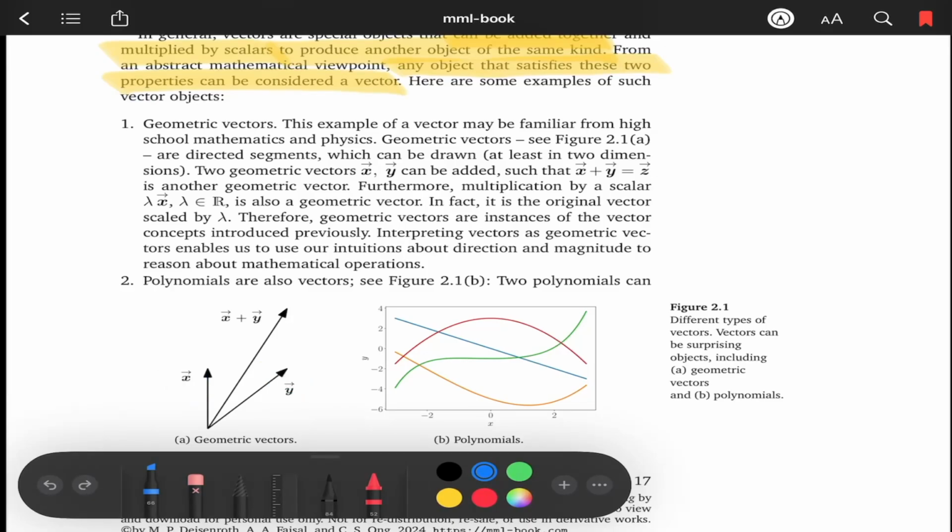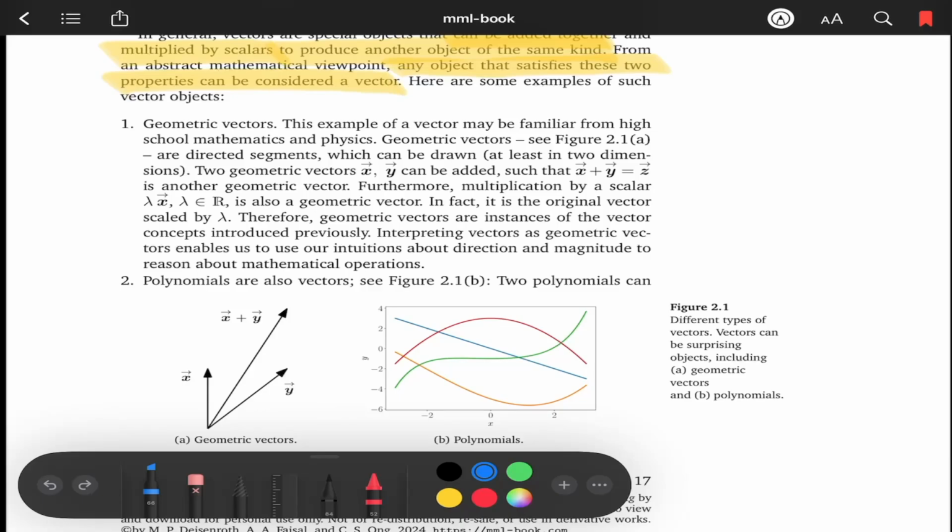Furthermore, multiplication by a scalar, lambda x arrow, where lambda is part of the real numbers, is also a geometric vector. In fact, it is the original vector scaled by lambda. Therefore, geometric vectors are instances of the vector concept introduced previously.